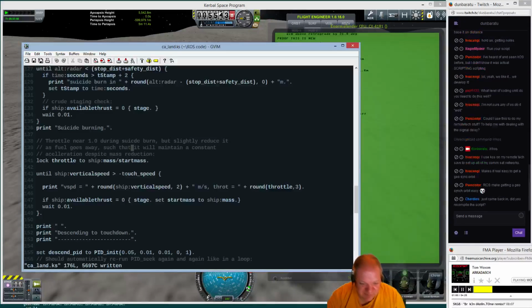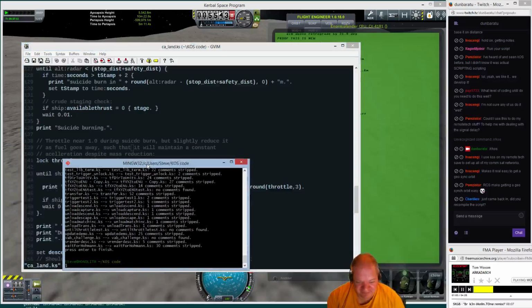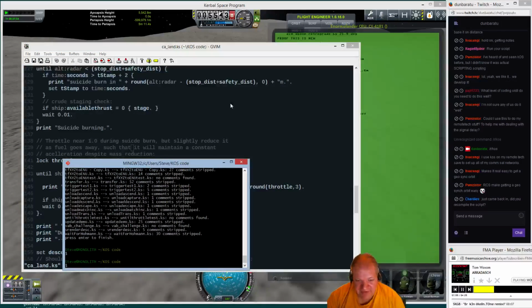Ah! Stupid me for not editing directly in the archive. I keep forgetting to do this to my own code.